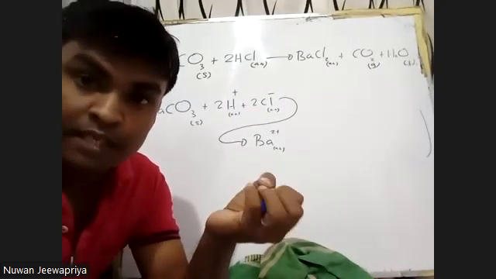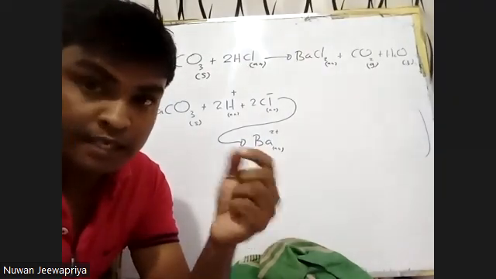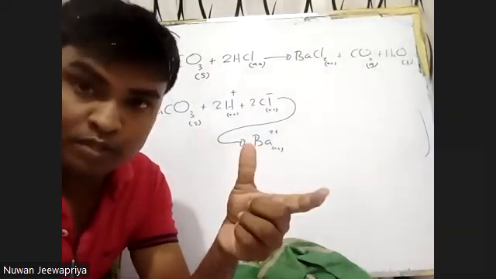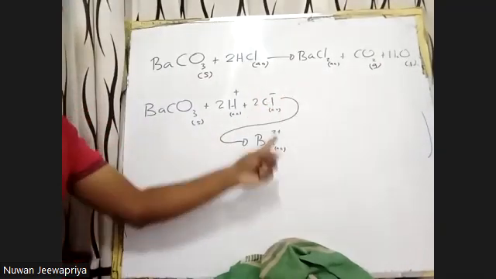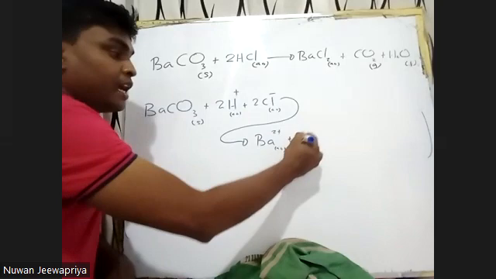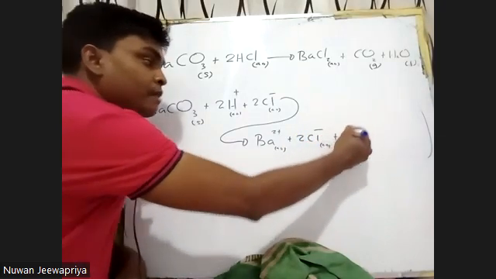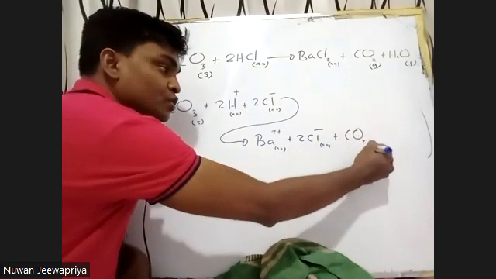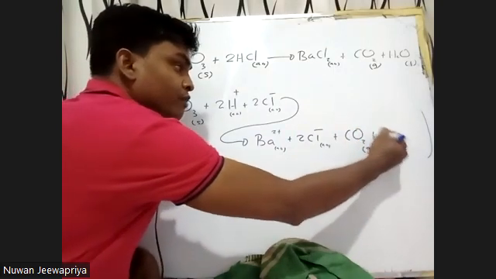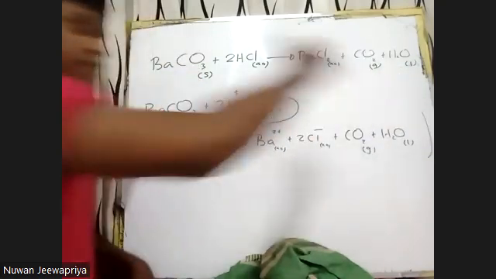Aqueous means, children, that it dissolves. Dissolve means that it separates into its ions. So barium chloride is dissolved, that means Ba2 plus aqueous and 2Cl minus aqueous. Carbon dioxide is a gas, so I write it like this. Water is a liquid, and water is not dissociated.